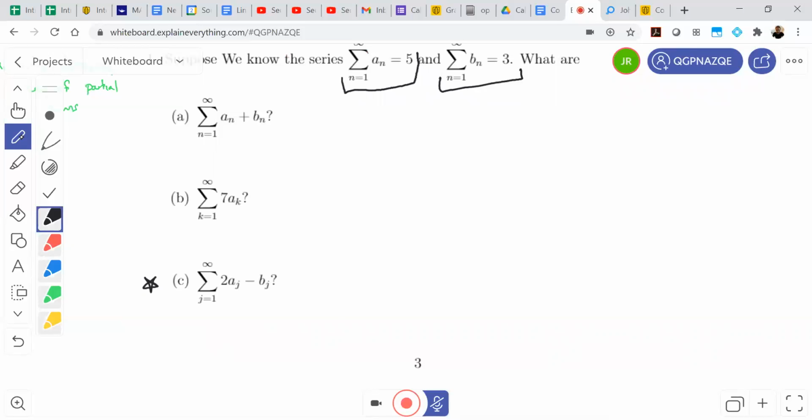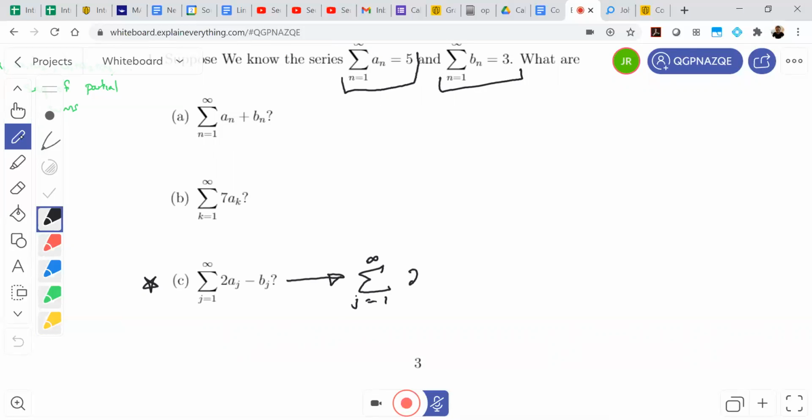And we can compute this purely formally, just using our formal understanding of linearity. And so what I can do formally is rewrite the inside.